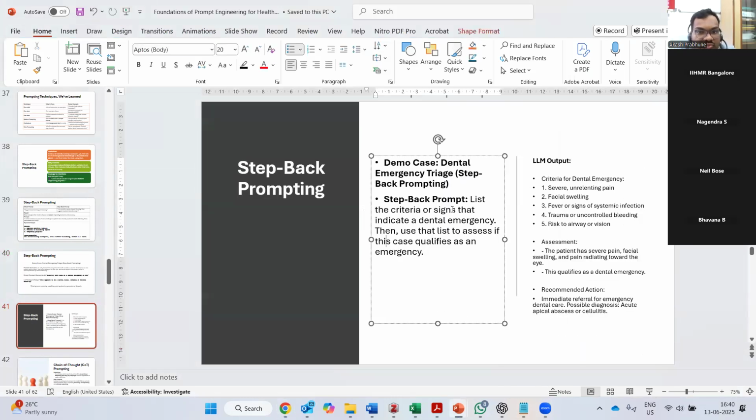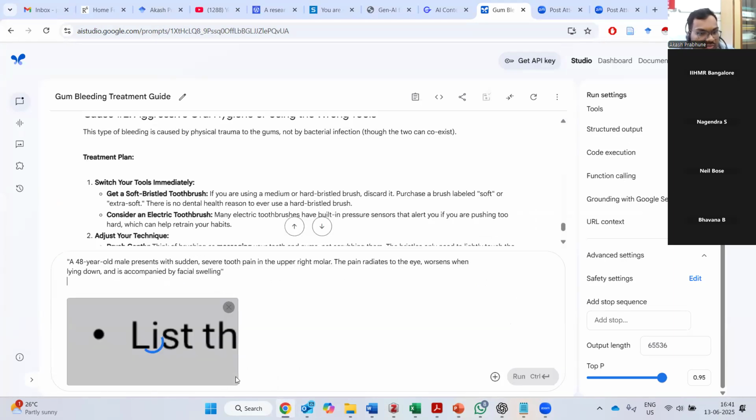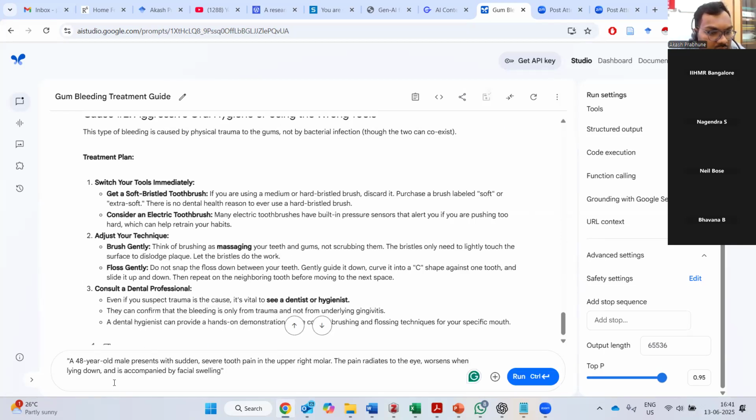Now my prompt should be this: list the criteria that indicate a dental emergency, then use this to assess if the case qualifies as an emergency. So let me try once. I put this mark to indicate this is my sentence. This is plain text, so this is my prompt technically. Let me run this.